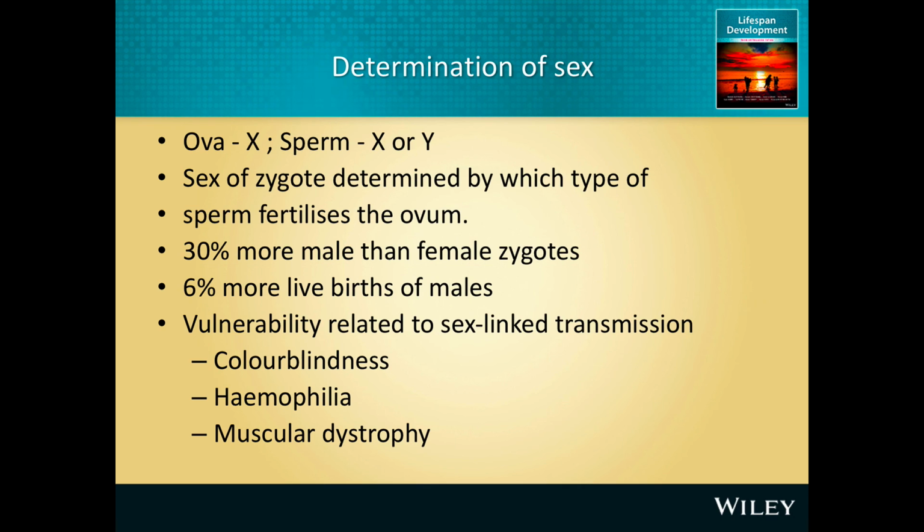So examples of sex-linked recessive traits include colour blindness, which is usually red-green, haemophilia, which is the inability for your blood to clot, or muscular dystrophy, which is weakening and wasting away of muscles.